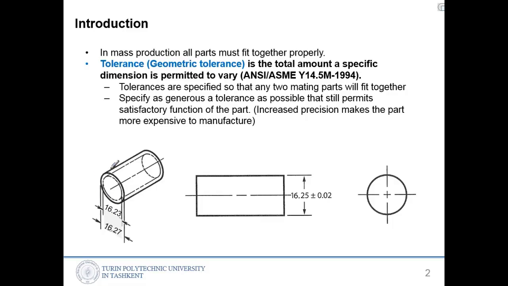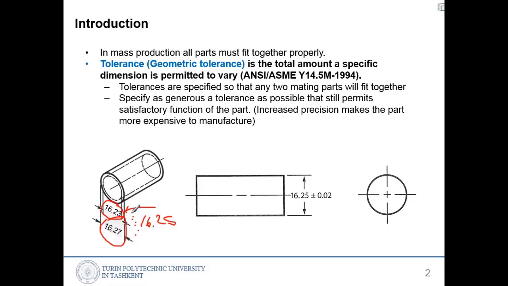So the biggest possible part is 16.27, and the smallest possible is 16.23. In between is also allowed to assemble. In the morning the worker might produce the part with size 16.23, in the midday he might produce 16.25, and at the end of the working day he might produce 16.27.